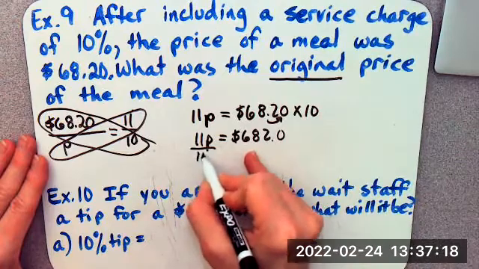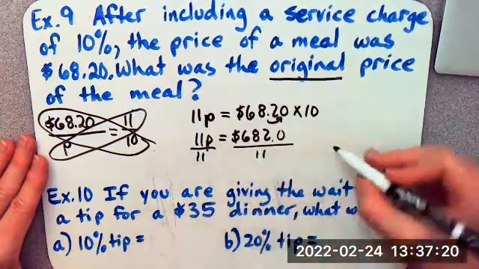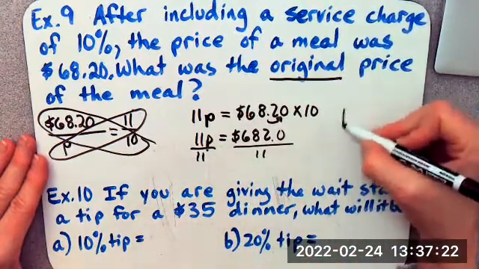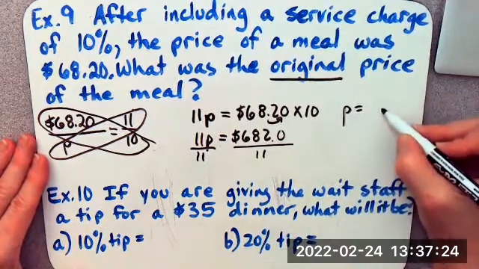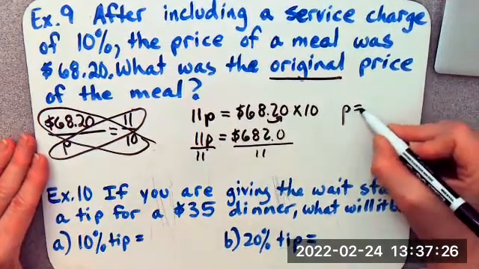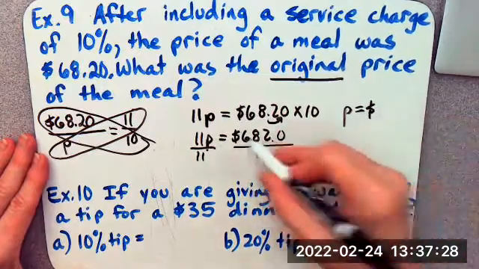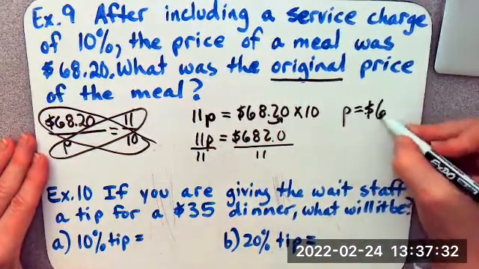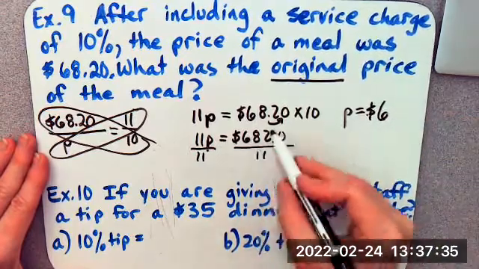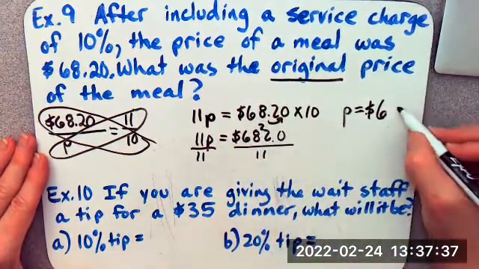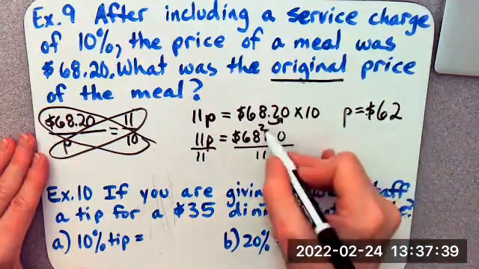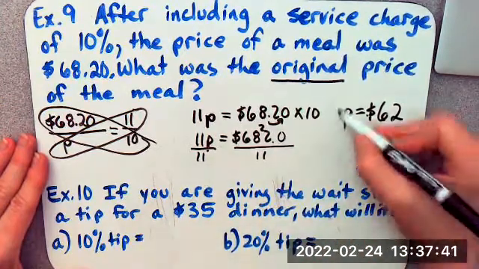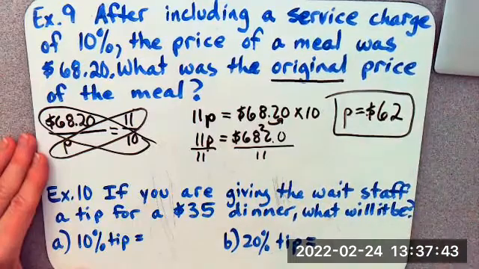Then we're going to divide by 11. So P equals, then that gives me the price of the meal. There's six 11s and 68 with 2 left over, and then 2 11s and 22. So the price of the meal is $62.